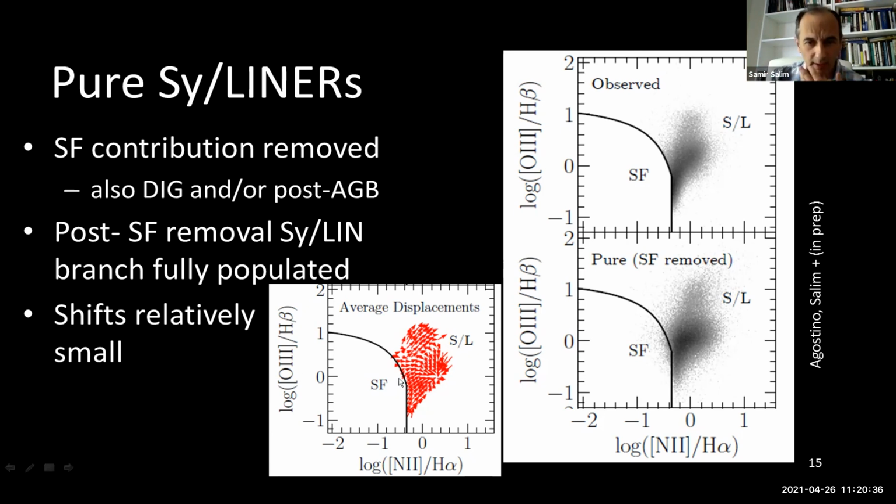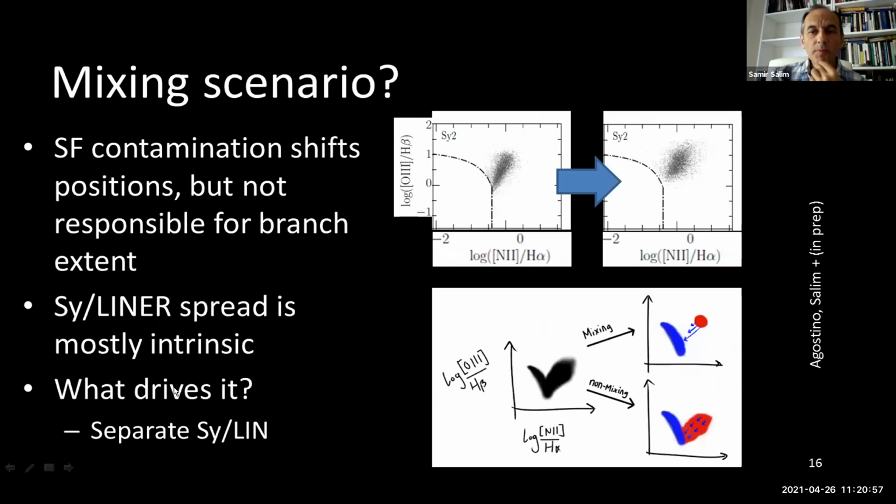Actually, if you look at the shifts between the observed lines and these decontaminated lines and show them as little vectors, you can see that yes, there are shifts, but they are not drastic. Overall, they do not change the morphology of this AGN branch so much. So from that, we conclude that mixing cannot be the dominant factor of what is going on here.